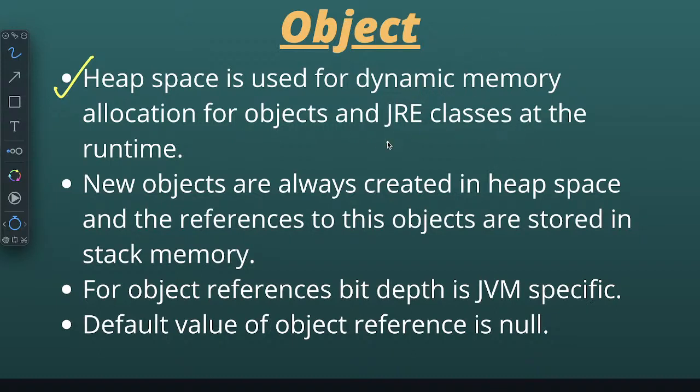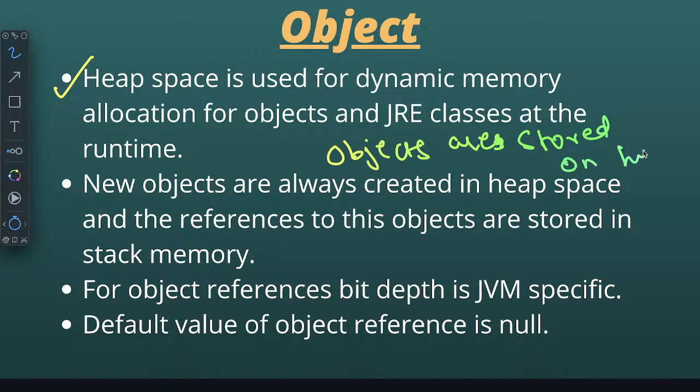Now as I have said, objects are stored on heap. So can you say whether objects are created at compile time or at runtime?